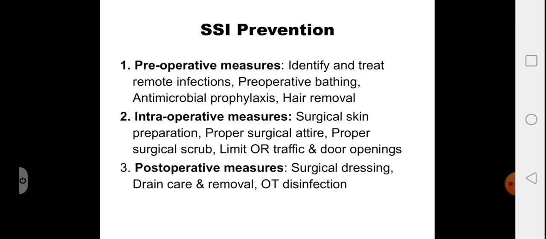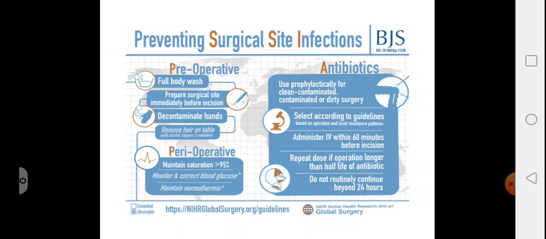Looking into post-operative measures, they include appropriate surgical dressing. Dressing should be changed whenever it's damp or soiled, with drain care and its removal whenever indicated, and appropriate OT disinfection at the end of the surgery. OT disinfection is very, very important. So the same thing taken from a journal.